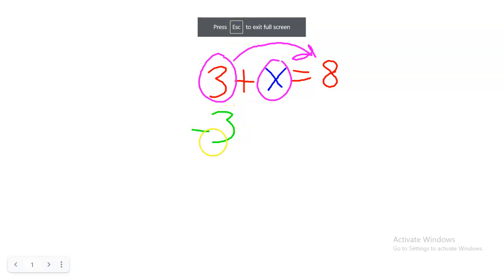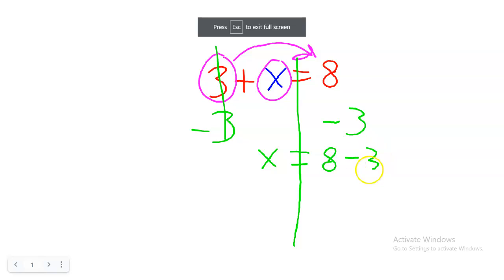So if I subtract 3 from here, I have to subtract 3 from this side as well. Because if I don't, then I won't maintain my rule of equality. Okay? So if I do that, those cancel out, and I'm left with x. And on the right, I have 8 minus 3, and we know that 8 minus 3 is actually equal to 5. So, that's how we show, using algebra, that x is actually equal to 5.